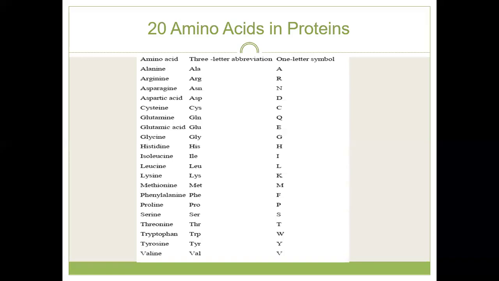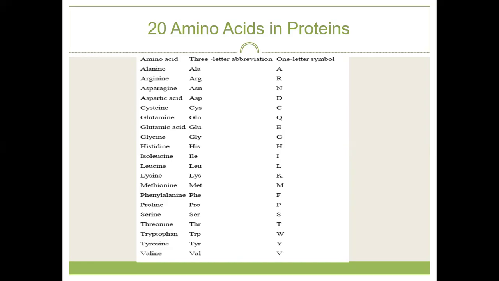Some examples include hydroxyproline, which is found in collagen fiber. We have hydroxylysine, also in collagen fiber. We have gamma-carboxyglutamate in prothrombin, which is involved in blood clotting. You can see a lot of examples of modified amino acids found in proteins.